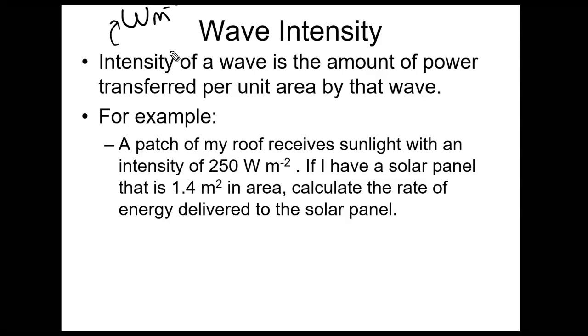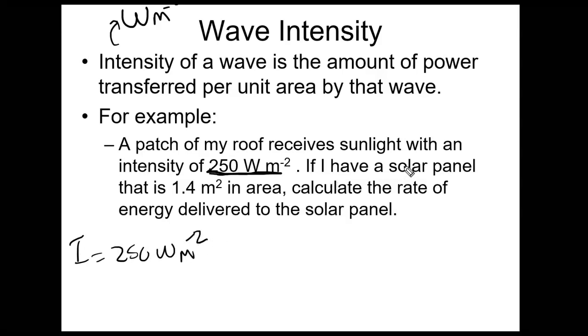So just to give you a really simple example of intensity, let's say you have a part of your roof that has a solar panel on it. And let's say a patch of my roof receives sunlight with an intensity of 250 watts per square meter. Watts per square meter is the unit of intensity.